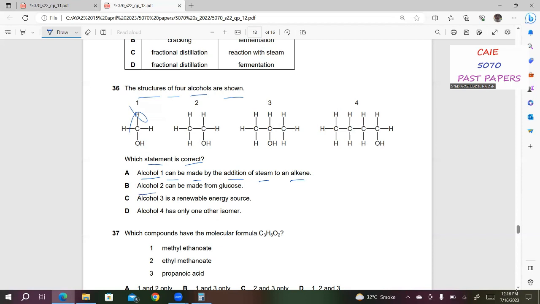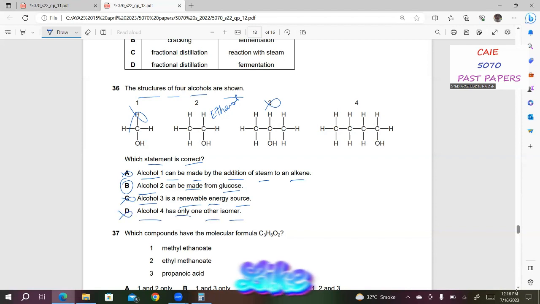Alcohol 2 can be made from glucose. This is correct, because alcohol 2 is ethanol, and we can get ethanol by the fermentation of glucose. For your convenience, I am reading the other statements. Alcohol 3 is renewable energy source. This is wrong. Alcohol 4 has only one other isomer.